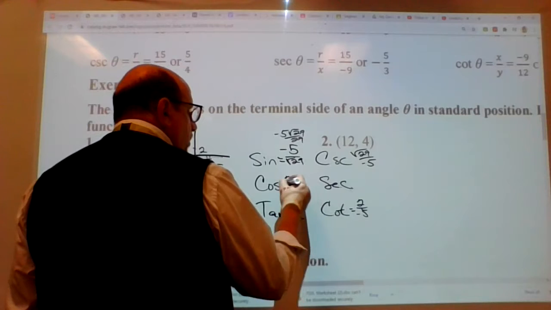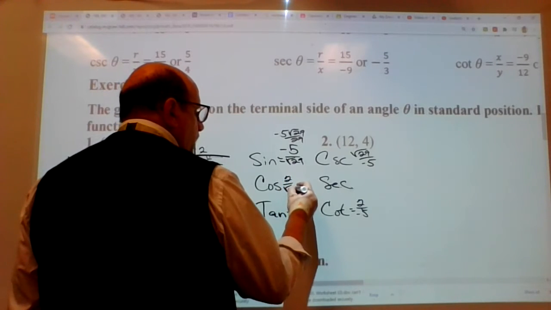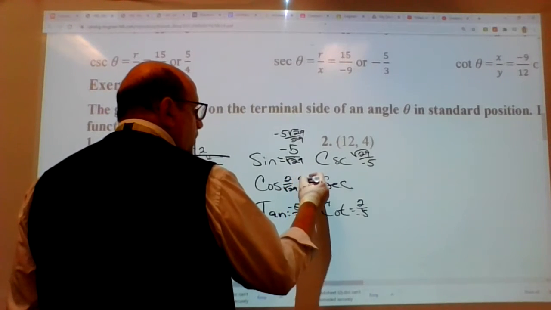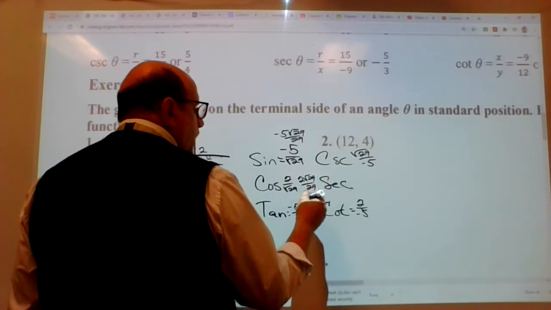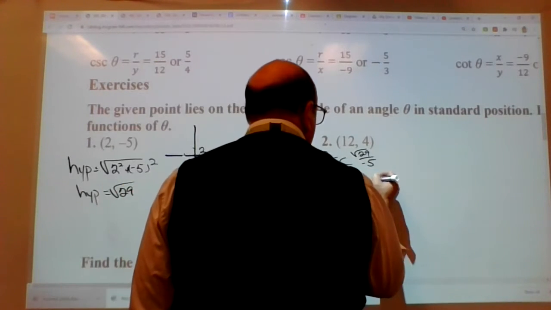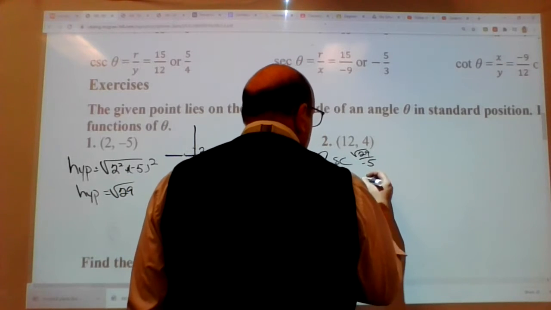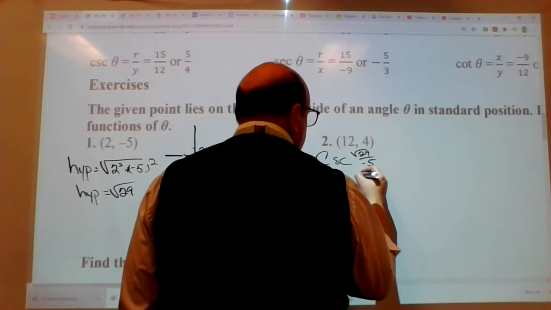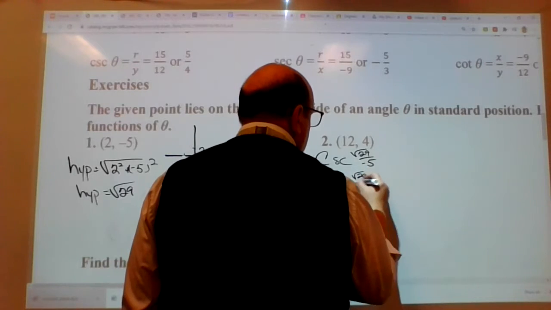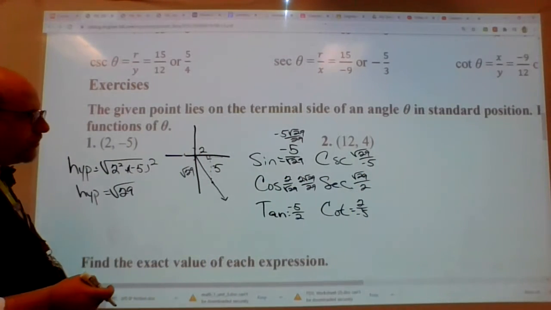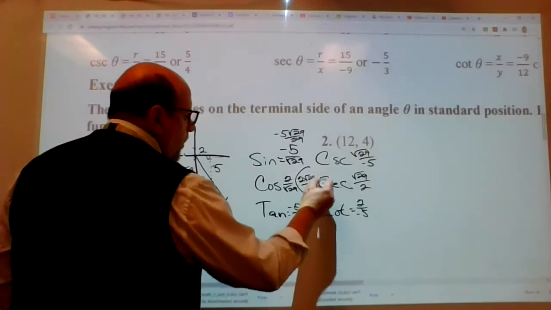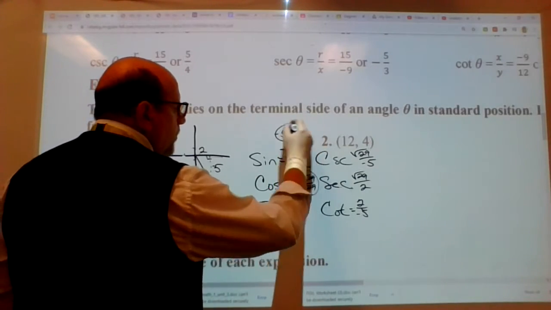Cosine is 2 over root 29. Again, 2 root 29 over 29 is our real answer. But when I get back to here, I want to have this as root 29 over 2, because it makes life so much easier, right?